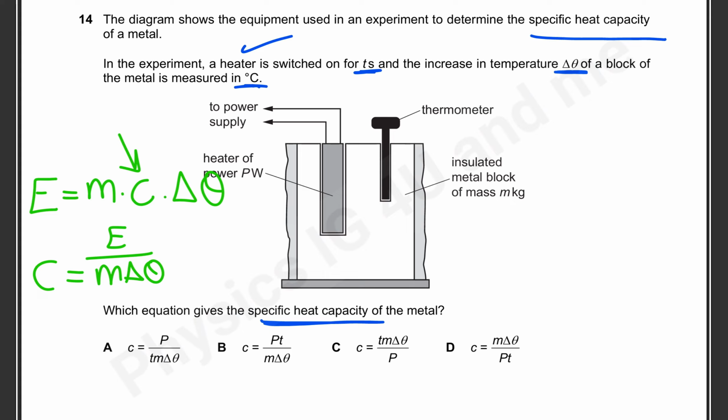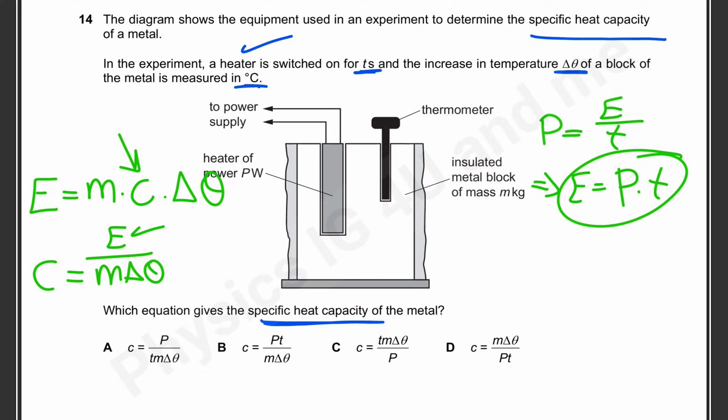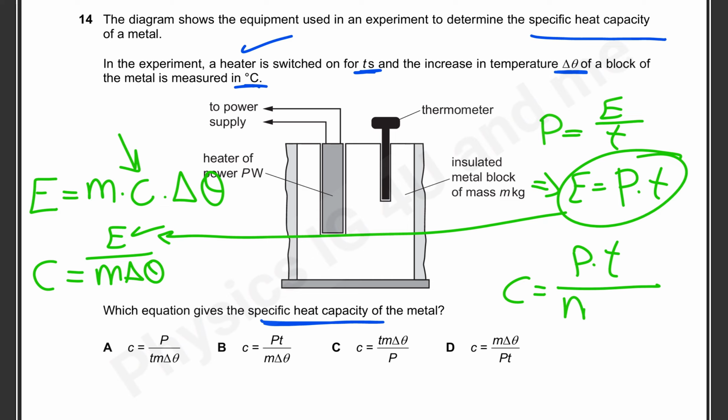So I remember from before, I know that in general power equals energy over time, which means energy equals power multiple time. So I take this and I substitute it in here. I will get specific heat capacity is power multiple time over mass multiple change of temperature.